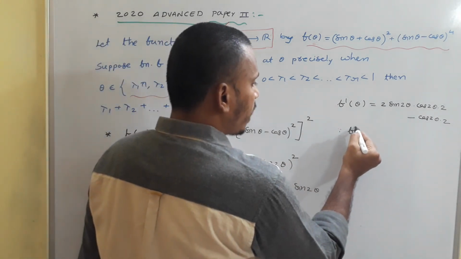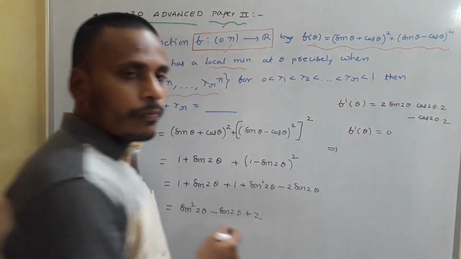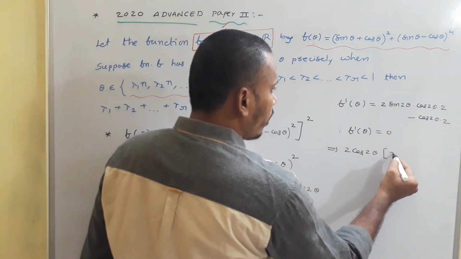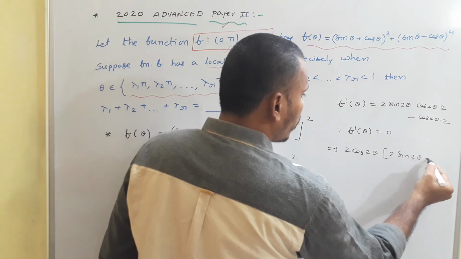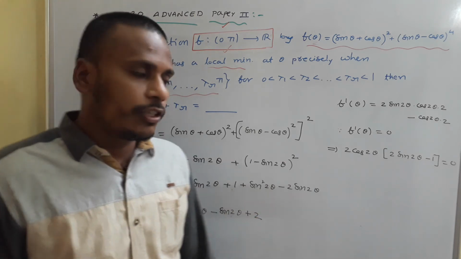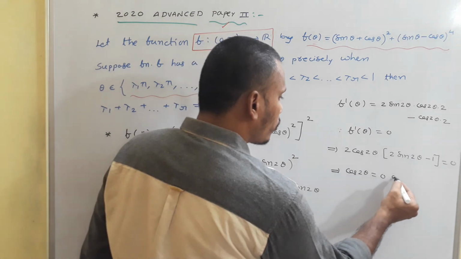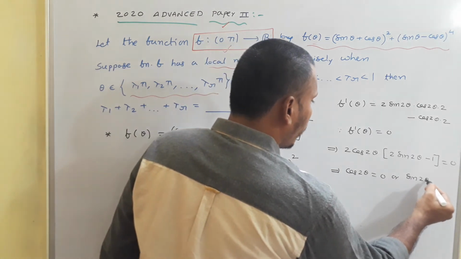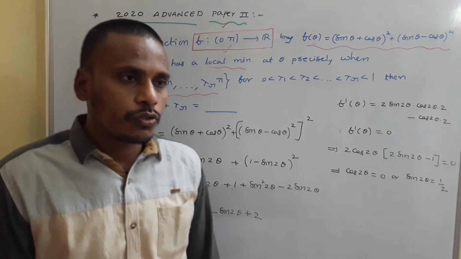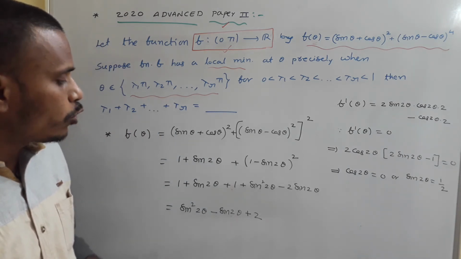Since f dash of theta is equal to 0, pick out 2 cos 2 theta as the common factor. So 2 cos 2 theta into (2 sin 2 theta minus 1) equals 0. If this product is 0, we have two possibilities: either cos 2 theta is equal to 0 or sin 2 theta is equal to 1 by 2.